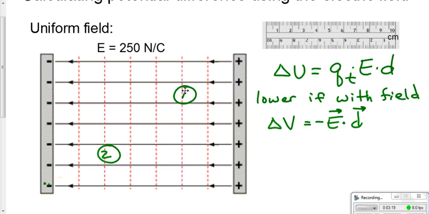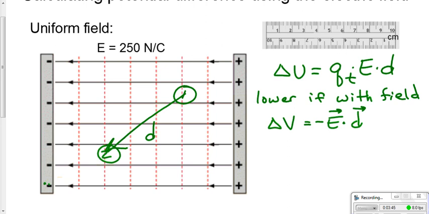If we want to know the potential difference between those two locations, we could imagine drawing a displacement vector in green. I'll just draw it like that. Then we take the dot product between the field, 250, and that displacement vector. The dot product says we use the cosine of the angle in between them. But notice the shortcut here.